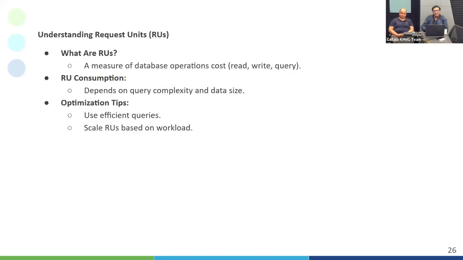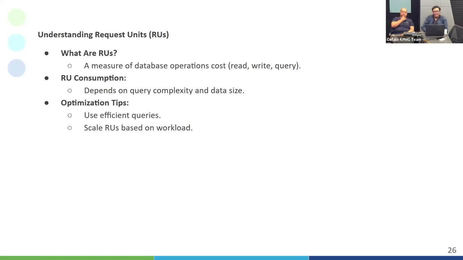Now, as I previously mentioned regarding the graph database, one important concept is the request unit. The request unit basically defines the cost of each query for read, write, or other operations.